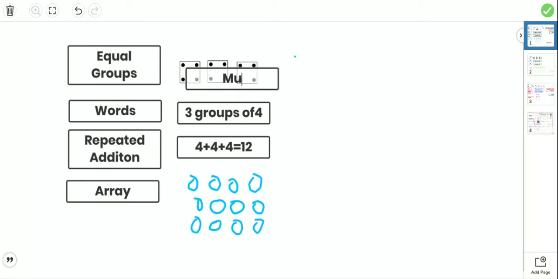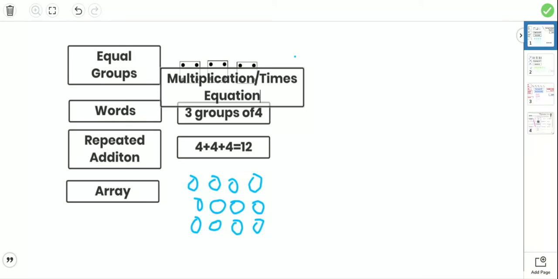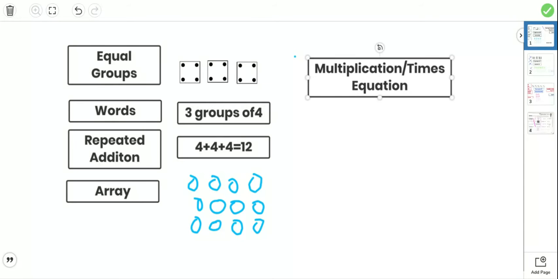So that would be 3 groups, just like the words, of 4 is equal to 12.